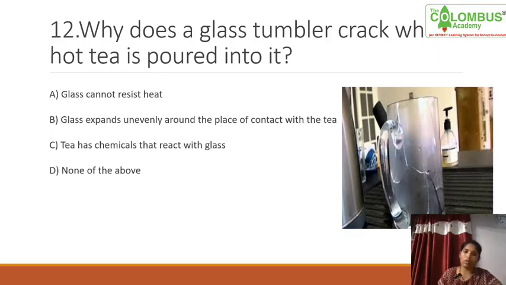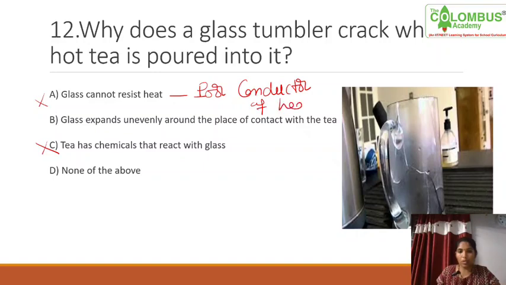Obviously tea doesn't have any chemicals, so that is not the option. Glass cannot resist heat? No, it's wrong. Why? Glass is an insulator, a poor conductor of heat. So that option is also wrong.